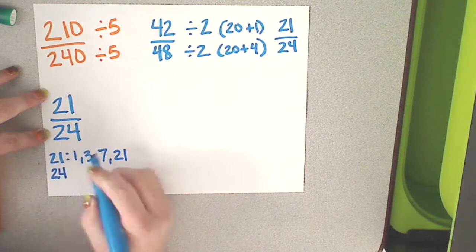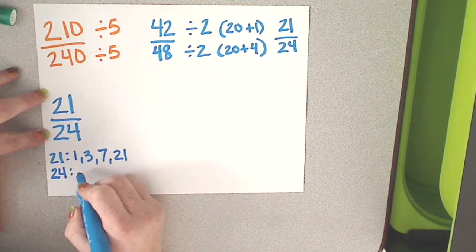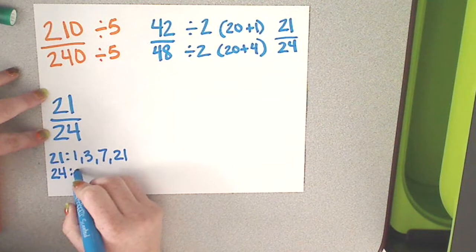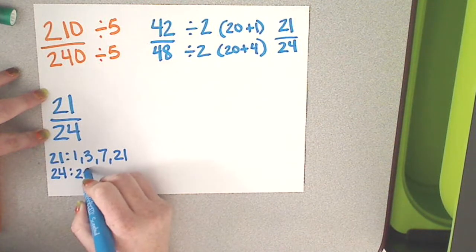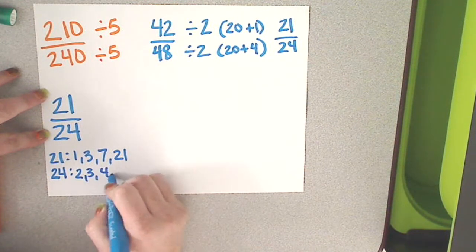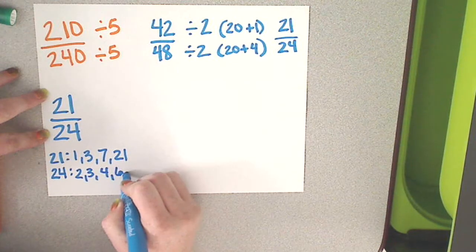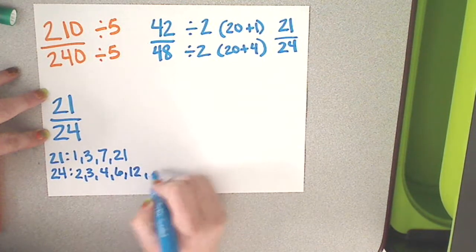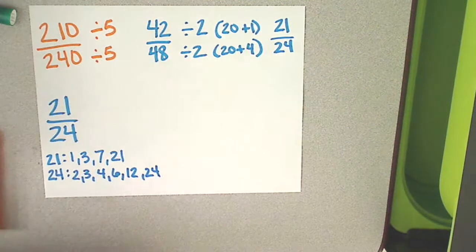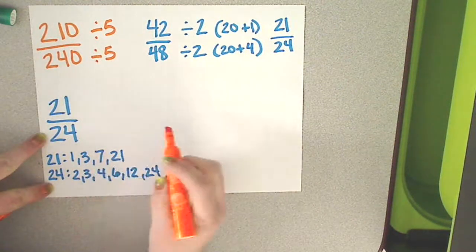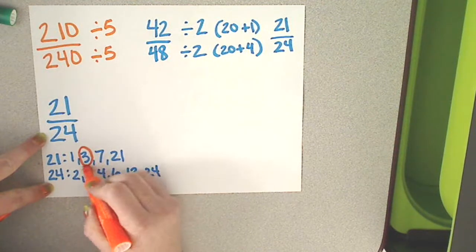And 24 has the factors of 1, 2, 3, 4, 6, 12, and 24. So now my greatest common factor is 3.